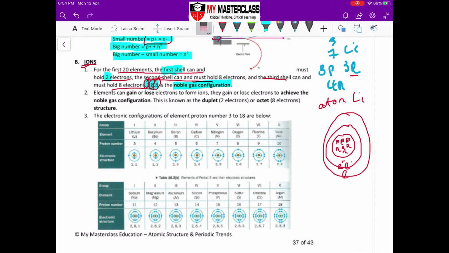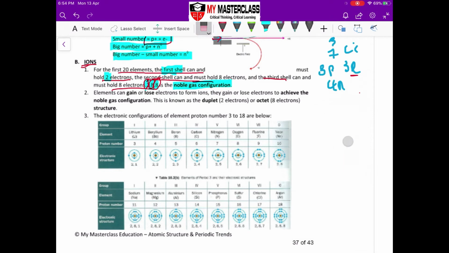Let's illustrate another example just to be very familiar with it. For example, if I want to draw fluorine, fluorine is element number 9, and then 19. So from the symbol itself, you should know there is 9 protons, 9 electrons, and then 10 neutrons.